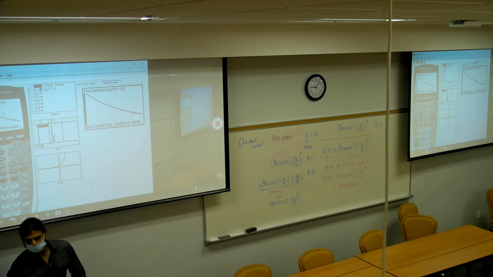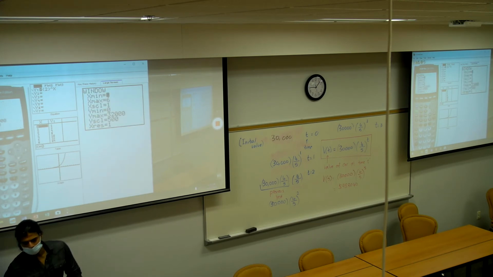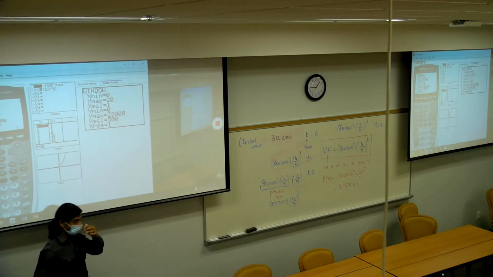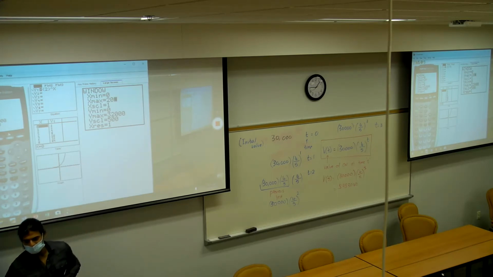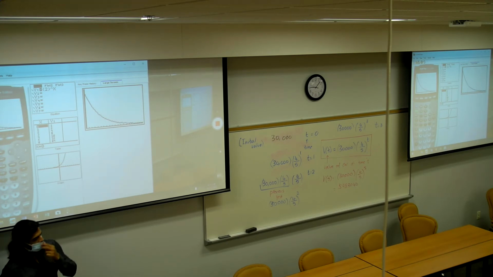Now, if I changed the window and put the maximum value as 20, because I could put any value for time t, and if I graph that, what is happening?